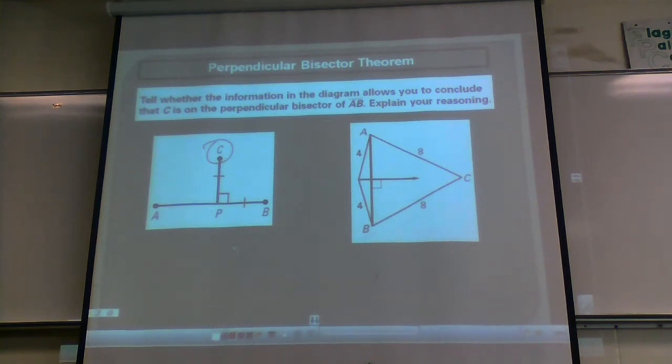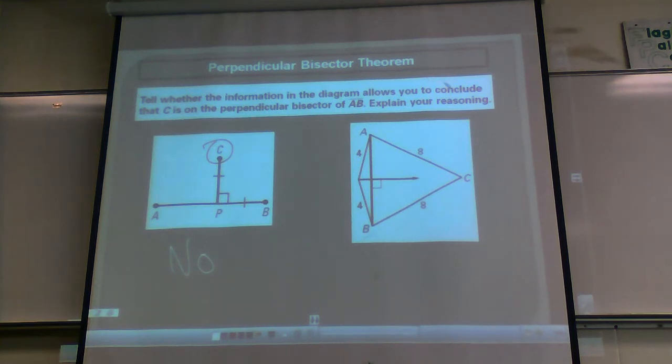All right, so on the one over here on the left, do you guys think that point is on the perpendicular bisector of AB? No. Why not? AC and BC are not equal. They could be, but they don't give me any information here, so I can't determine anything.